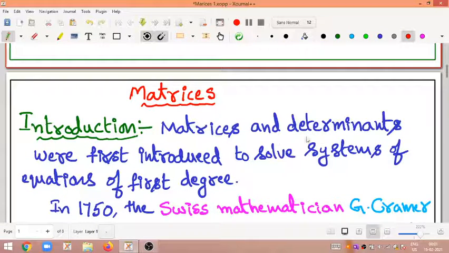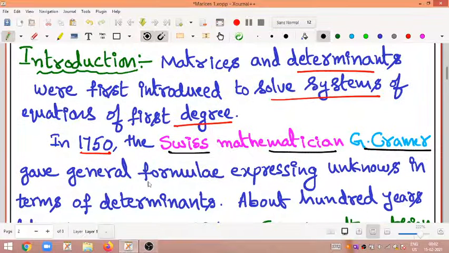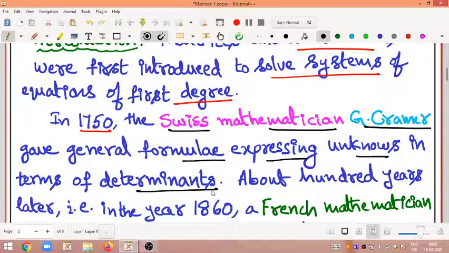These matrices and determinants were first introduced to solve the system of equations of first degree. In 1750, the Swiss mathematician G. Cramer gave the general formulae for expressing unknowns in terms of determinants.